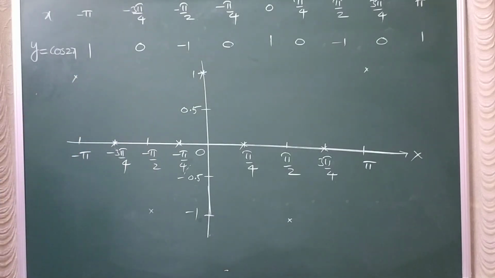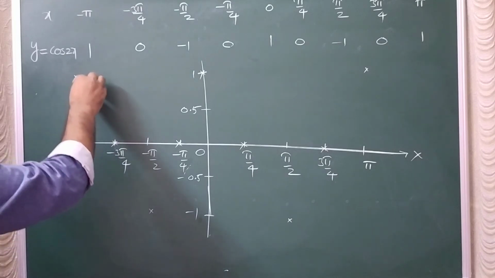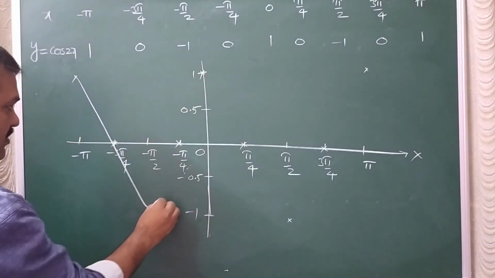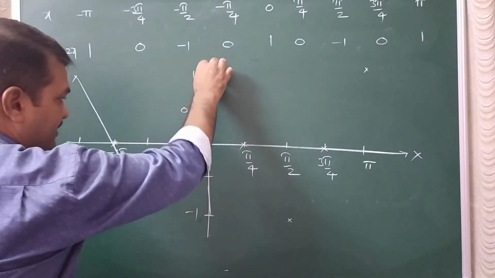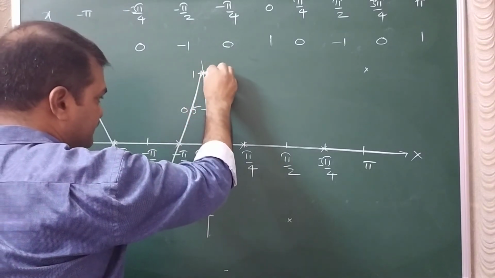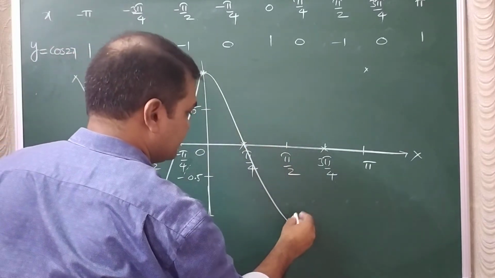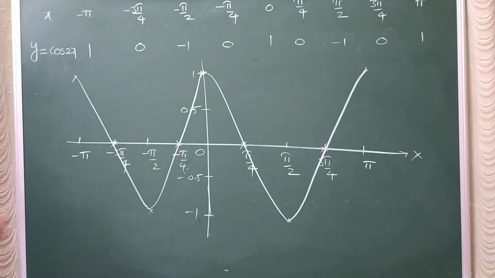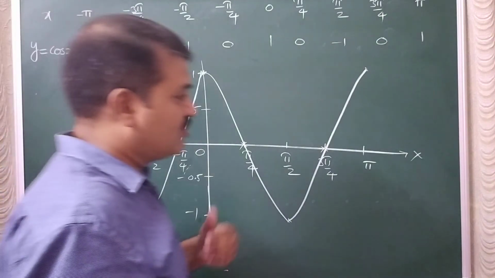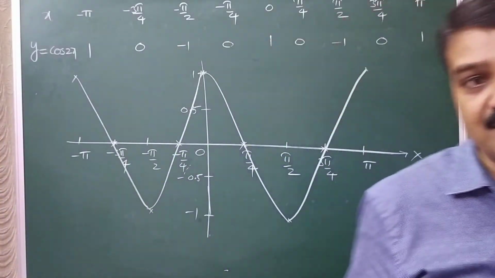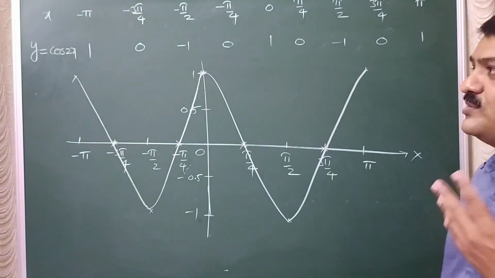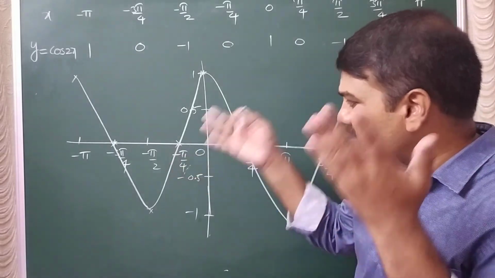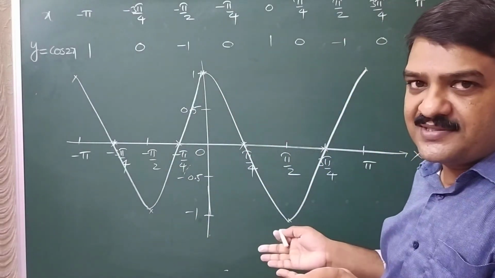If you join the points now, you will get something like this. So two v's we are getting. If you recall the graph of y is equal to cos x, its shape is also similar to this.